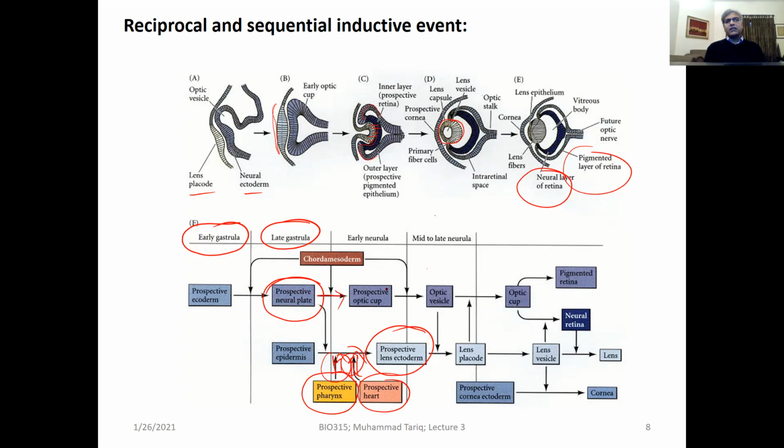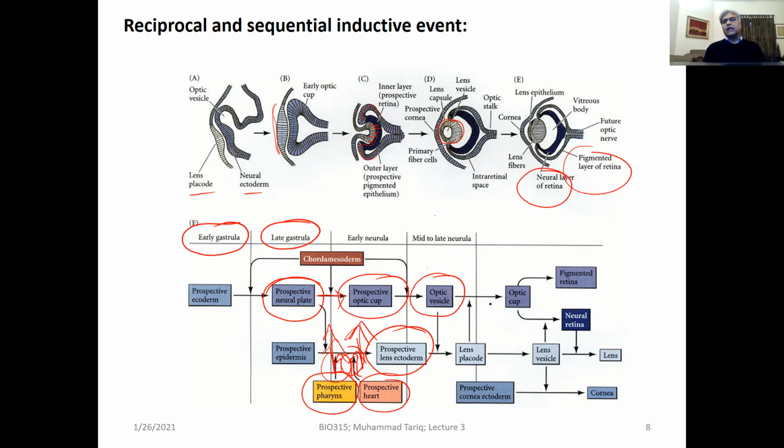This neural plate results in the formation of the optic vesicle and then the optic cup. All this is due to signal which started from pharyngeal endoderm or heart forming mesoderm.